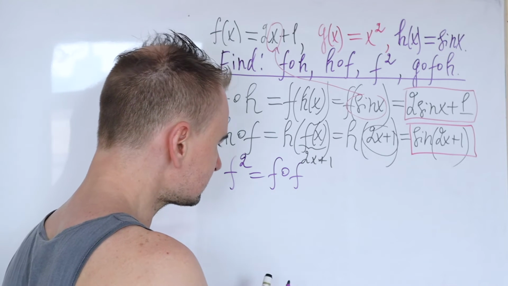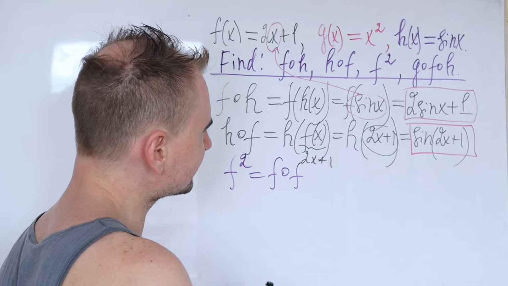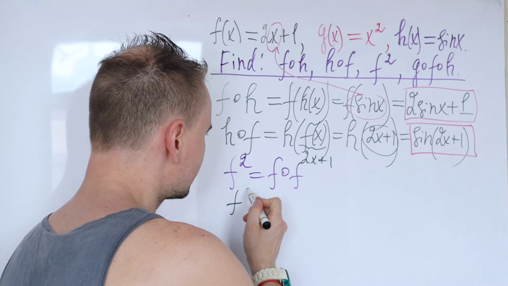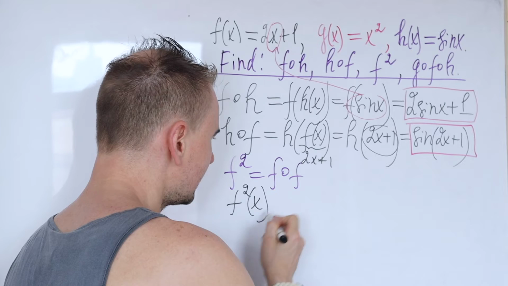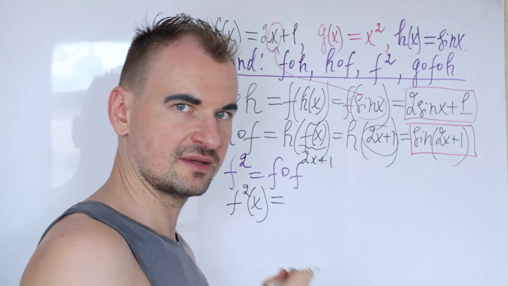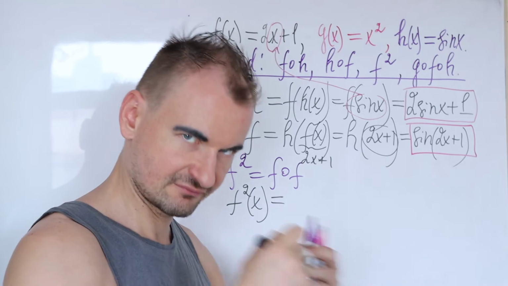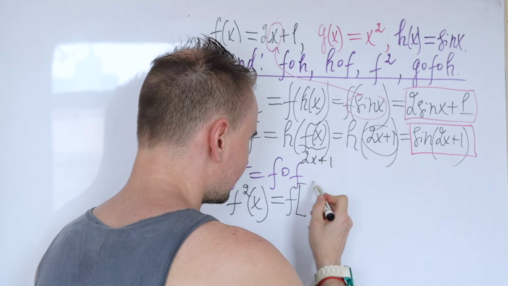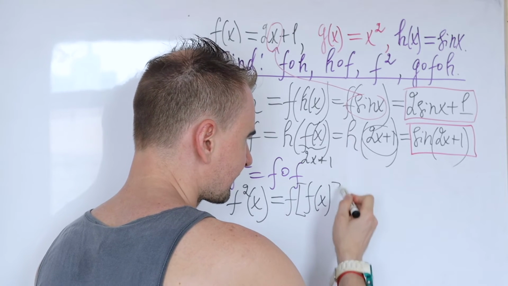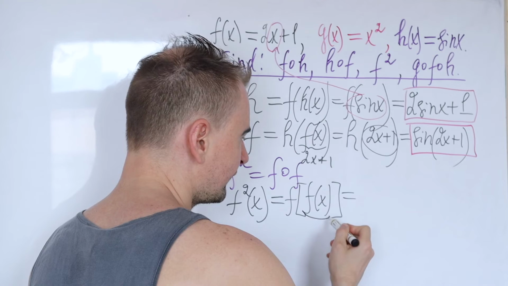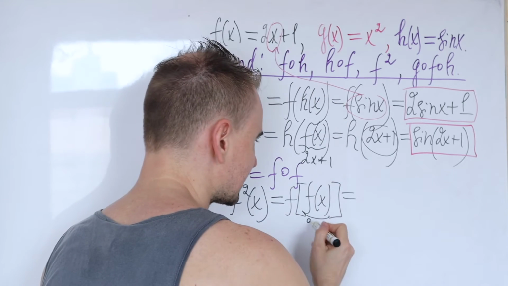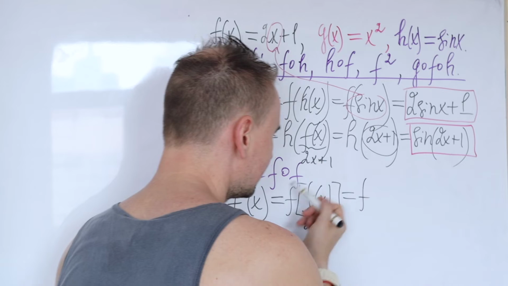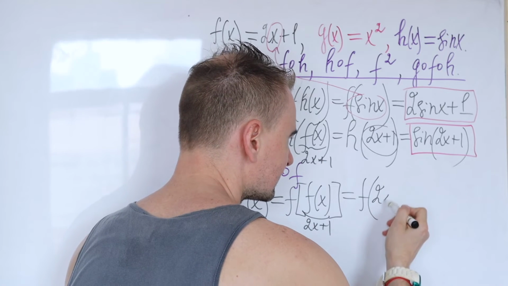Now, for this f squared, all we need to do is just apply the function f twice. So by definition it's f of f of x, and instead of f of x I'm going to write 2x plus 1, since it's defined as 2x plus 1, keeping this f outside.